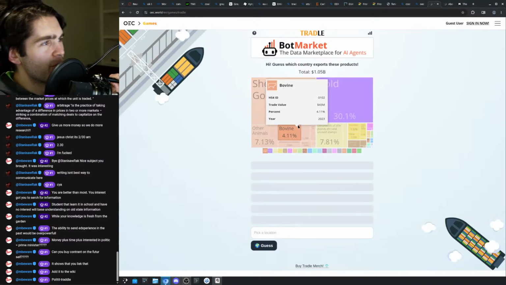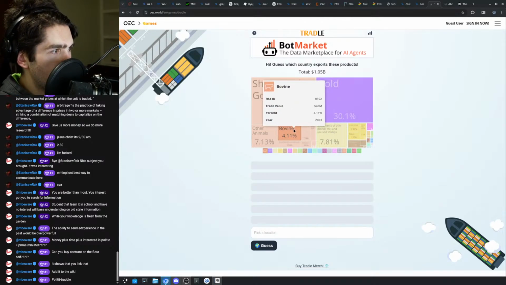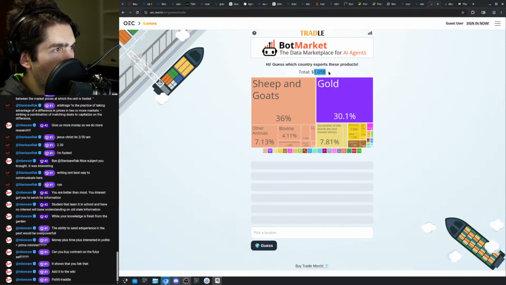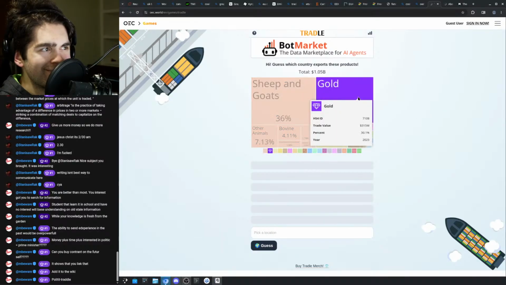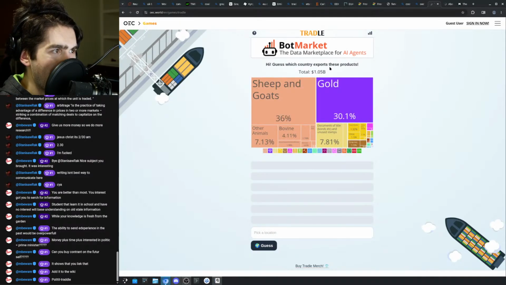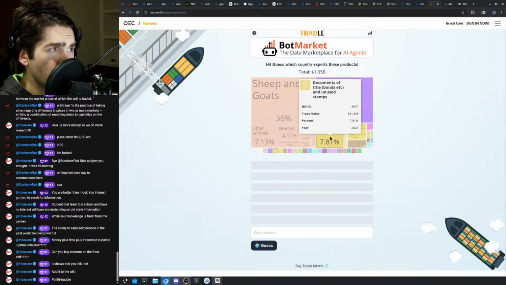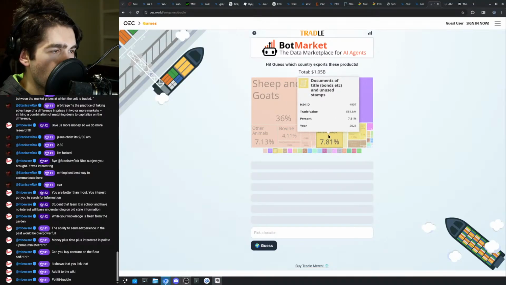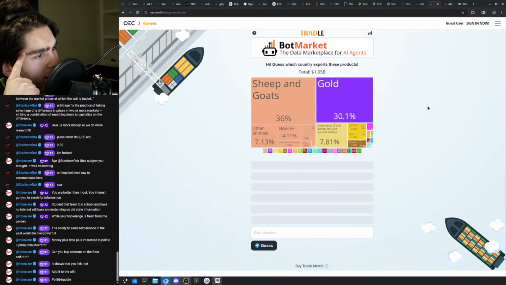There's more than just a Tradle. Sheep, bovine, other animal. 1 billion. Probably. Are we talking about an island nation or Africa? Document title, unused stamps, 81 million. That's kind of big.